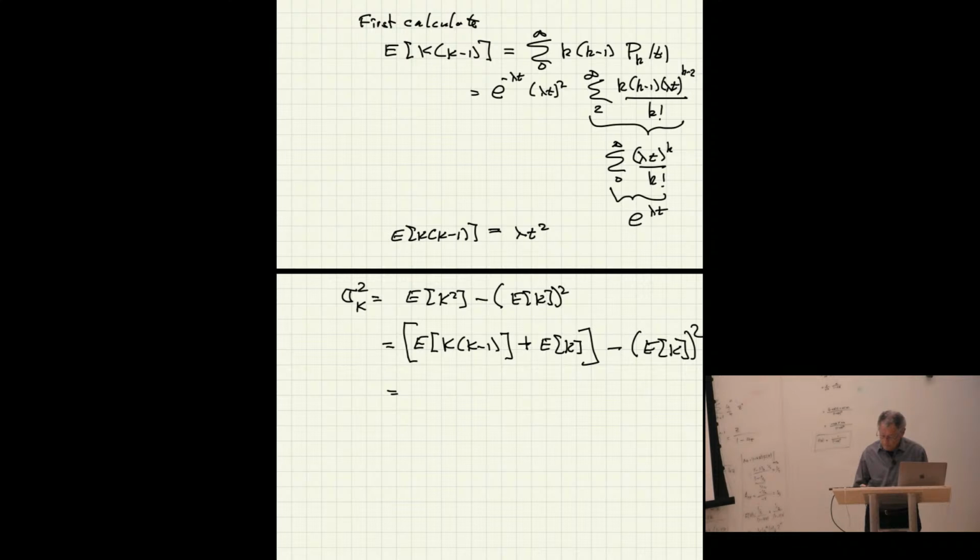Now, I know all of this. I just found the first term is lambda t squared. By the way, that's the quantity lambda t, squared. Plus the expected value of k, which is lambda t, minus the square of that, minus lambda t squared, which is just lambda t.